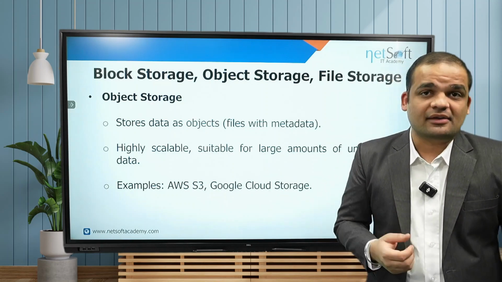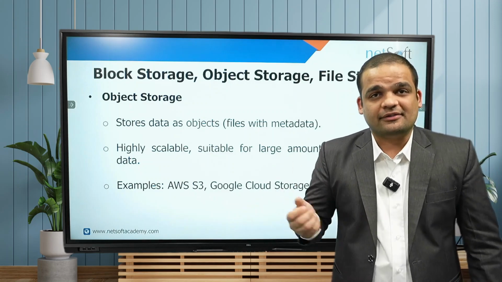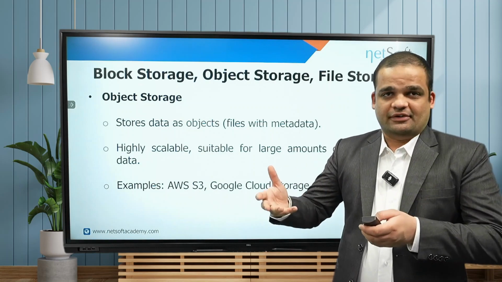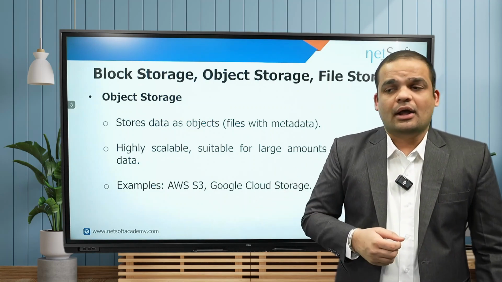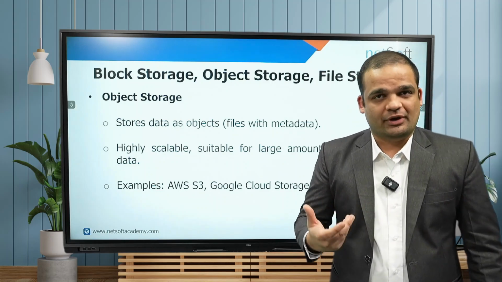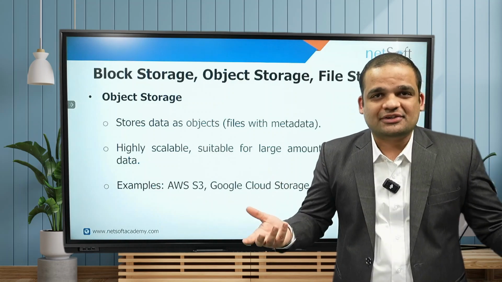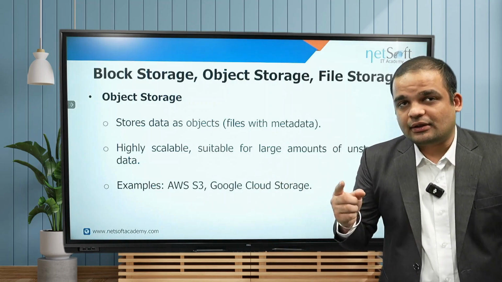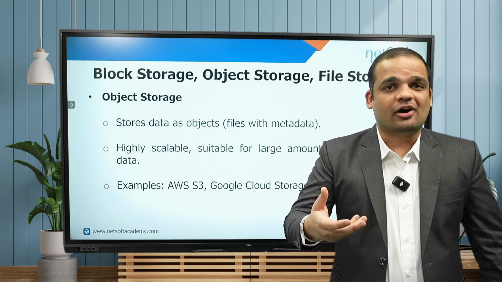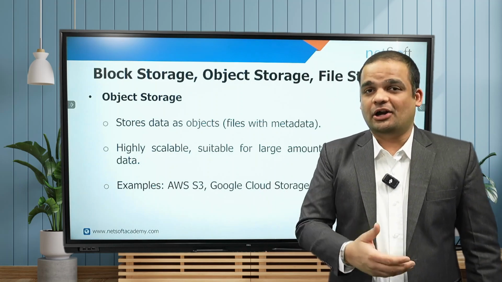Some examples, specifically in AWS, can be your S3 buckets, that is AWS Simple Storage Service, S3. In Azure, it can be Azure Blob Storage. And in Google, it is called Cloud Storage. By the way, in Azure, blob itself means binary large objects, B-L-O-B, binary large objects.